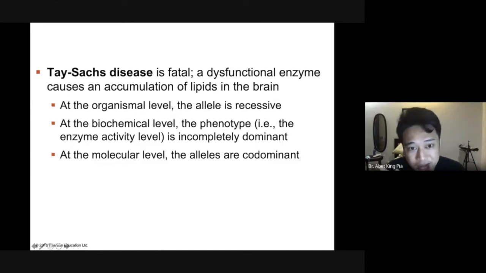Pag check yon, then in the organismal level, dun mo na makikita kung meron kang Tay-Sachs disease. But then again, may allele pa ulit doon.